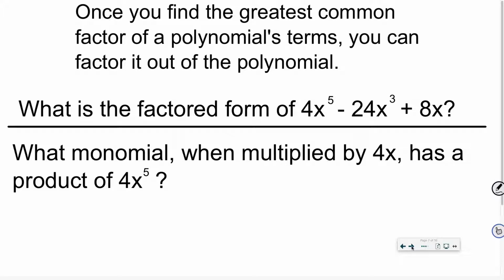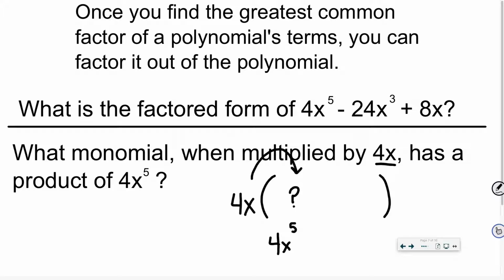If I have 4x, what can I multiply that greatest common factor of 4x by to get 4x to the 5th? Think about if I distributed, what would I distribute to end up with 4x to the 5th?